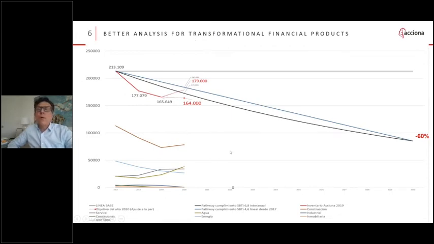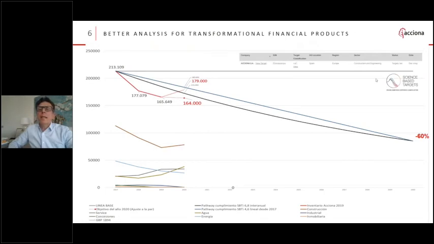This is our goal for this year. We are in the SBT commitment for 1.5 degrees scenario reduction targets, and we have been carbon neutral since 2016.